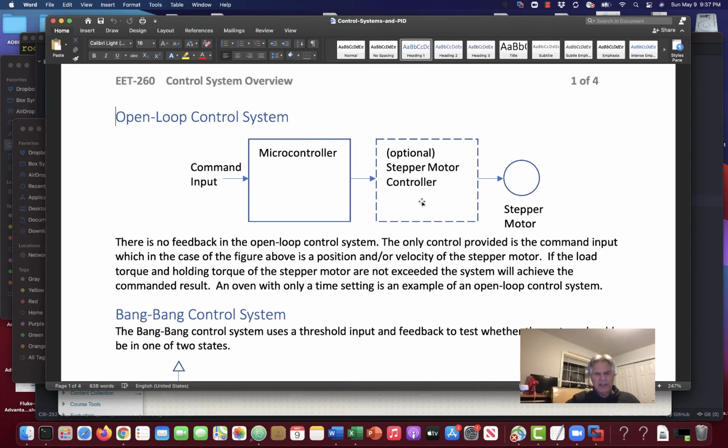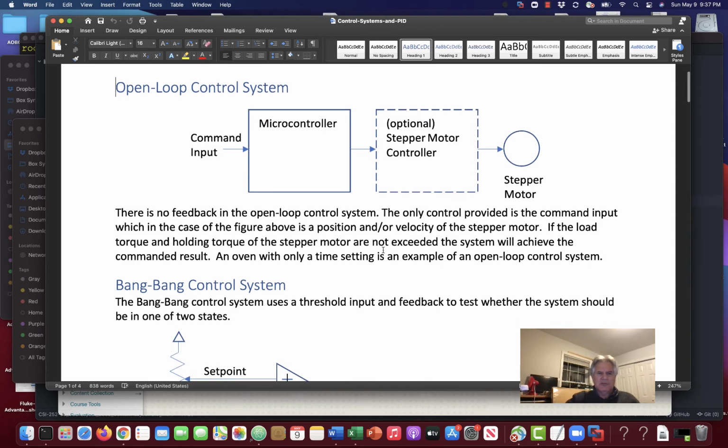You can keep track of that by counting the steps you go in this direction or that direction. So you don't need any feedback as far as what the position is, and you can issue the steps at a certain rate to know what the velocity is. And so, there are lots of open loop control systems.